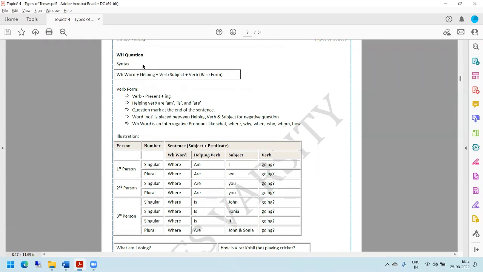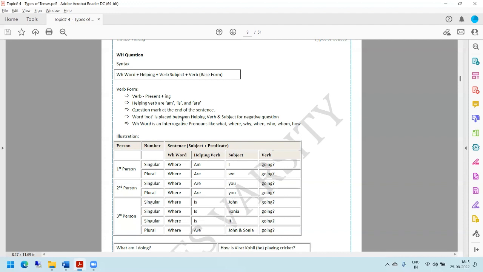For WH questions: WH word plus helping verb plus subject plus verb, and the verb form remains ing. When we say continuous, the verb form remains ing for all.